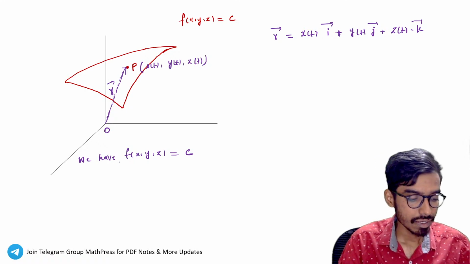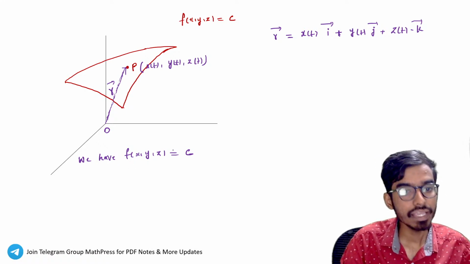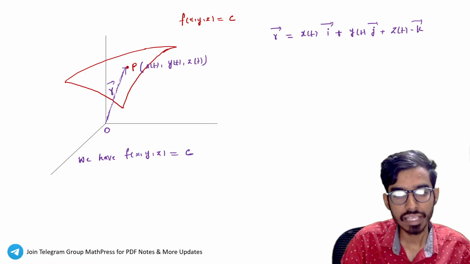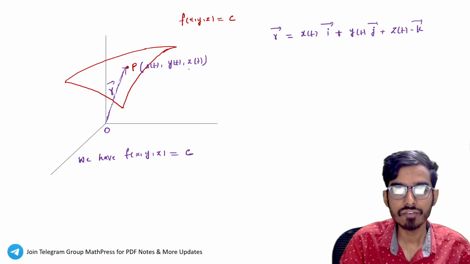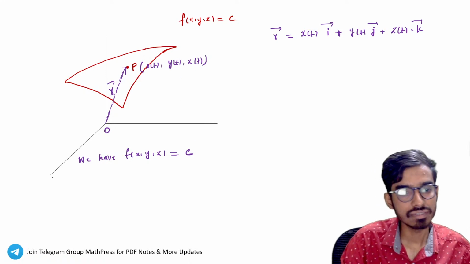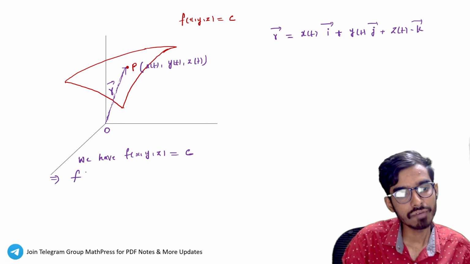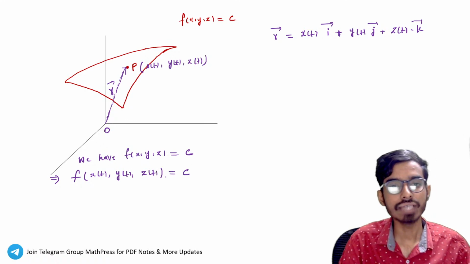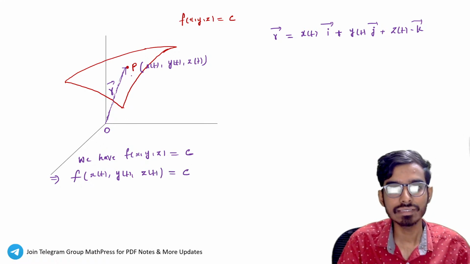If you substitute x of t, y of t, z of t, that point will also satisfy this equation. This implies f of x of t, y of t, z of t also satisfies the equation, because the point lies on the surface.